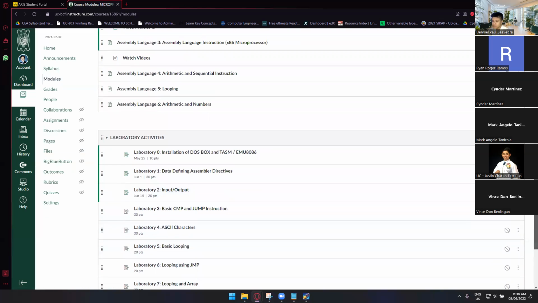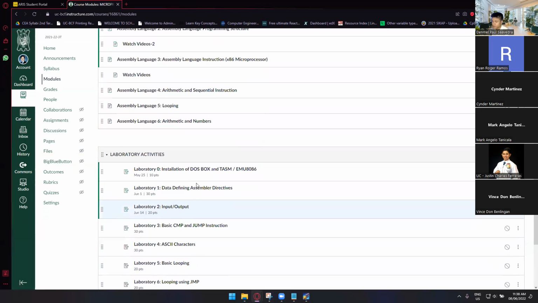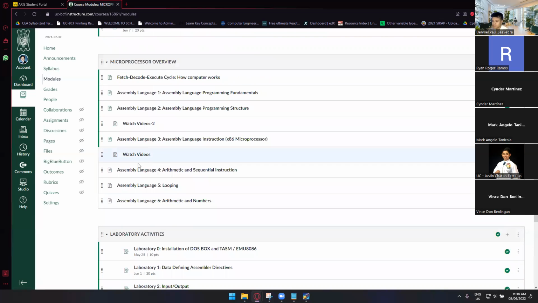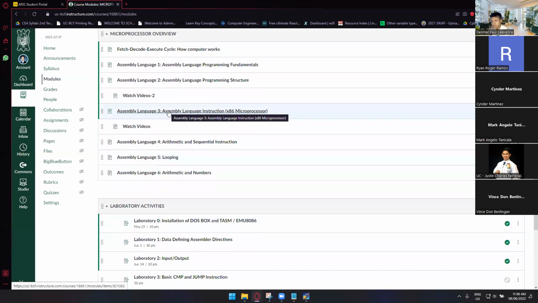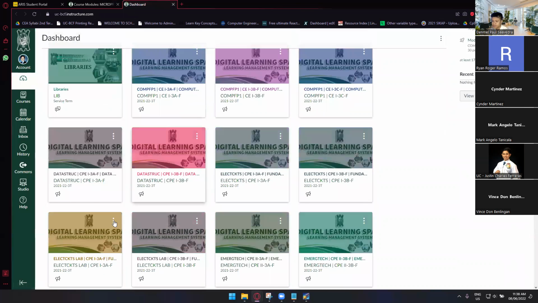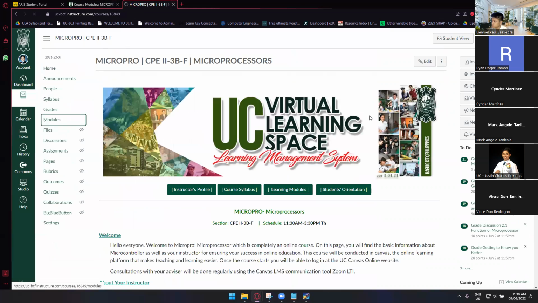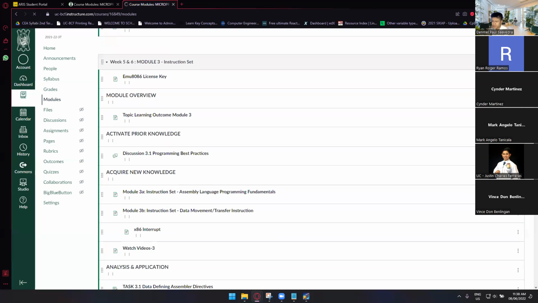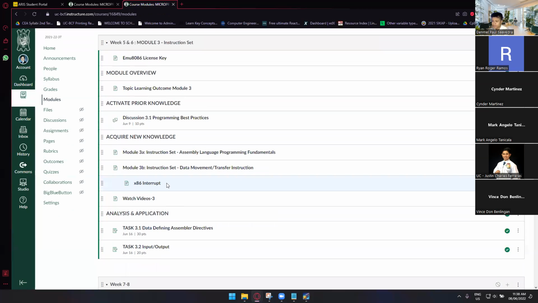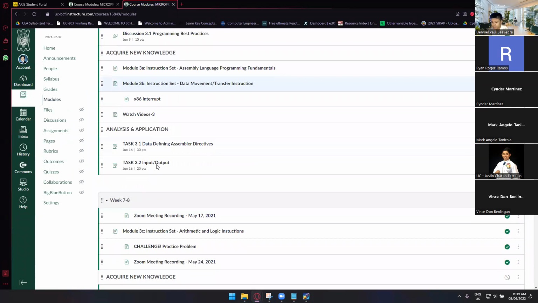So for today's meeting, luckily, I don't know what happened, but this module, assembly language 3, is actually also under the lecture, which is module 3B. It seems the modules in lecture and in laboratory are quite the same for some reason, maybe including arithmetic and logic instructions.